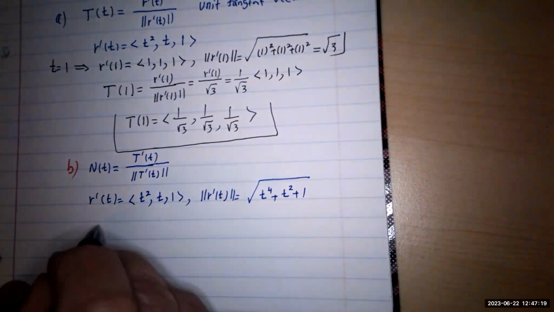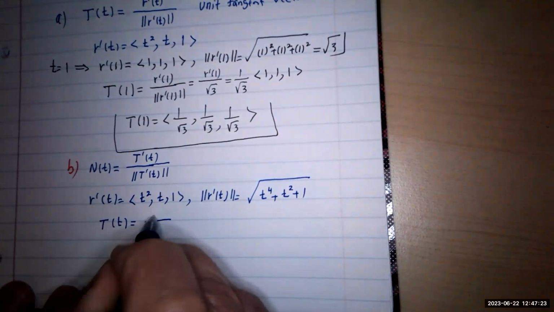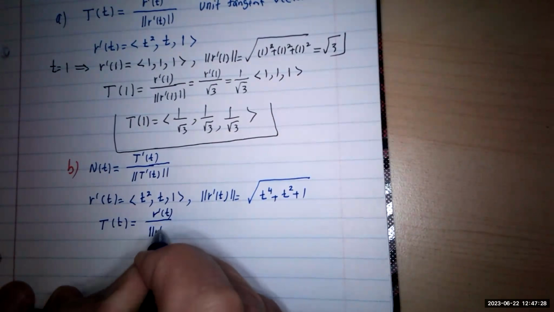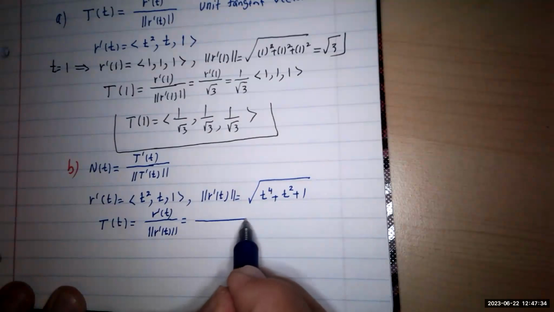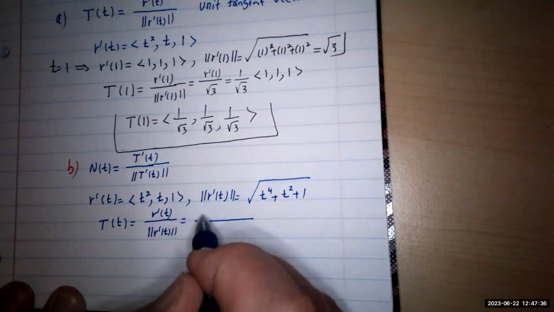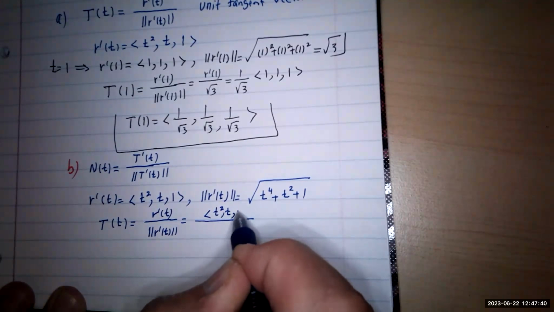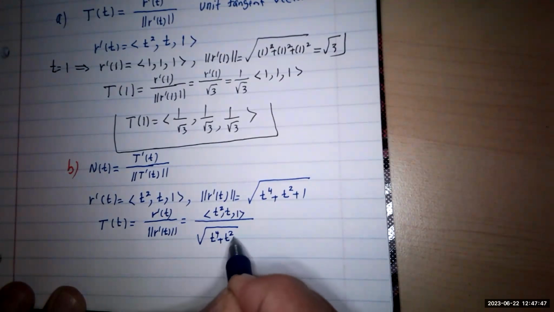Okay, so I'm going to bring in T of t. My T of t is going to be r prime of t over the norm of r prime of t. So we substitute: the vector is (t squared, t, 1), and the scalar part is 1 over the square root of t to the fourth plus t squared plus 1.